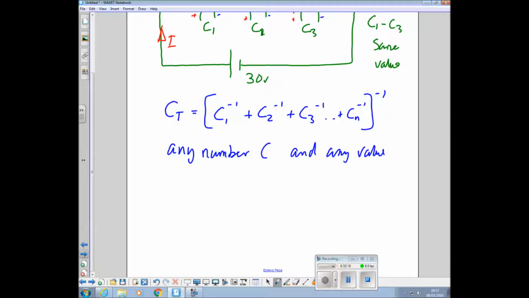We can also do CT is equal to C1 times C2 over C1 plus C2 for 2 capacitors of any value.